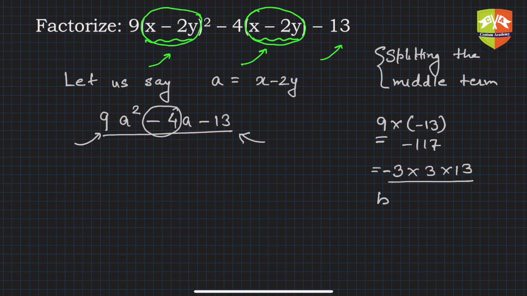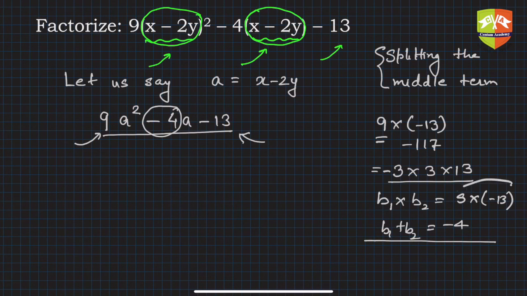Let's say b1 and b2. b1 times b2 should give you 9 times minus 13, and b1 plus b2 should be equal to the middle term, minus 4, isn't it? This is what the technique was. So break down the product of the leading coefficient and the constant into two parts, say b1 and b2, such that the sum is the middle part.